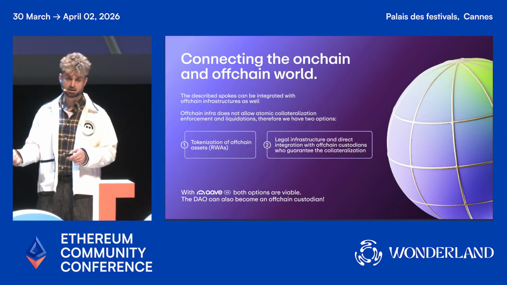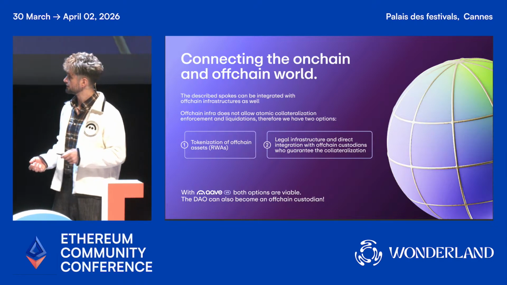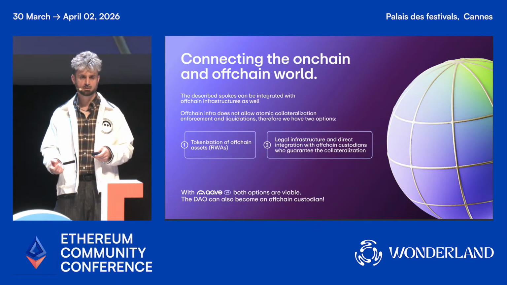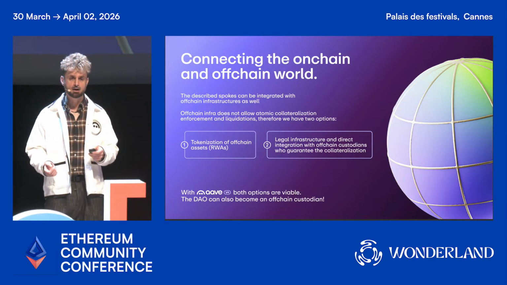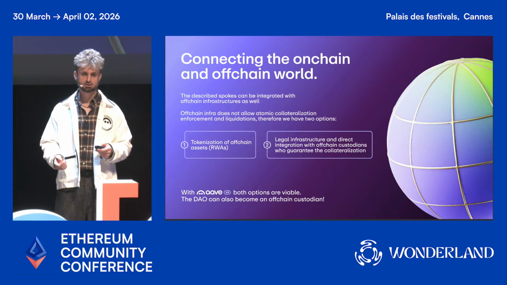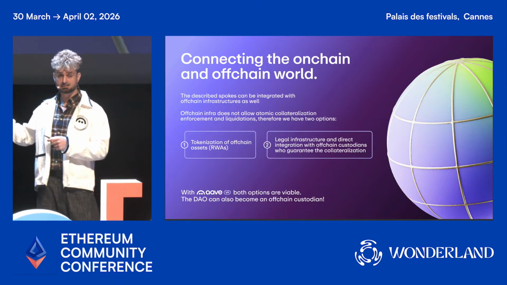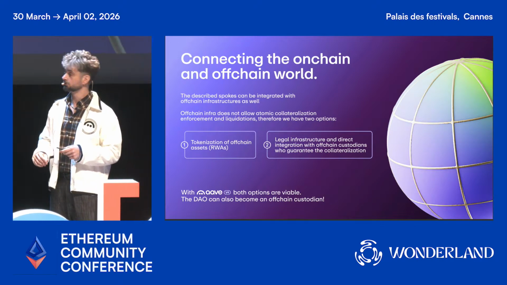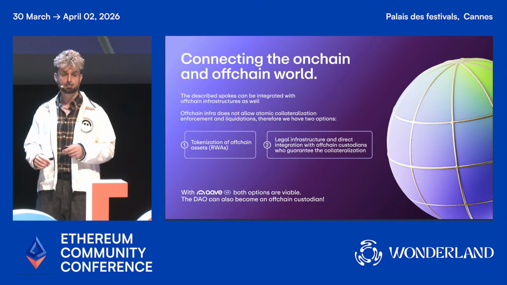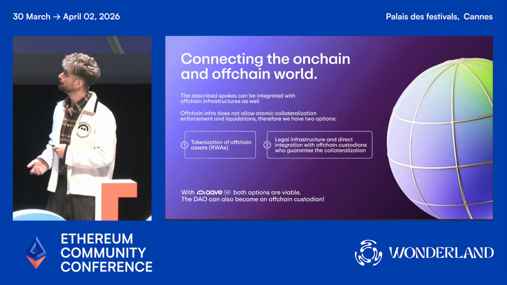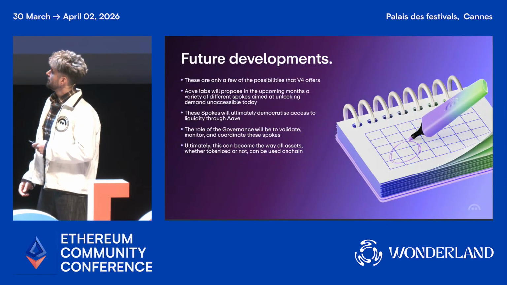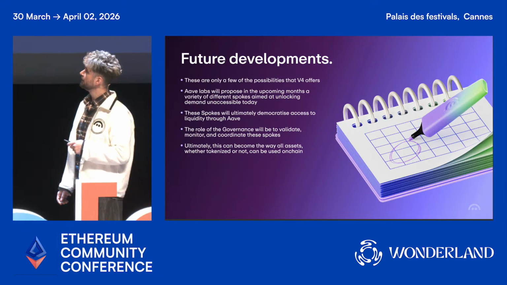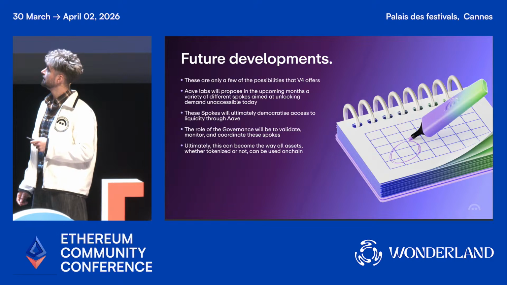With Aave V4, we can easily leverage both options, and the cool part is that the DAO can actually become an off-chain custodian as well. The DAO could play a role in which the DAO acts as an intermediary of these spokes to be able to make the off-chain agreements work. So as I mentioned before, these are only a few of the ideas that we have going forward.